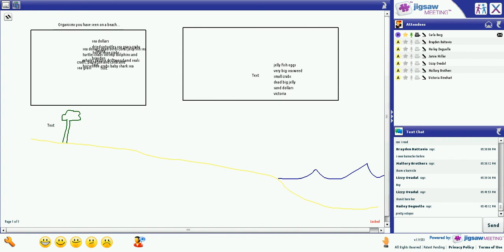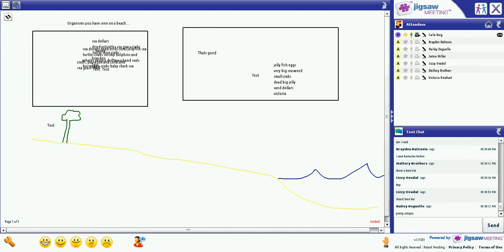Okay, guys, try not to erase or move anything around up top for me, please. Stop touching things. Okay, I don't want to have to turn you guys off. Please try not to touch anything up there.